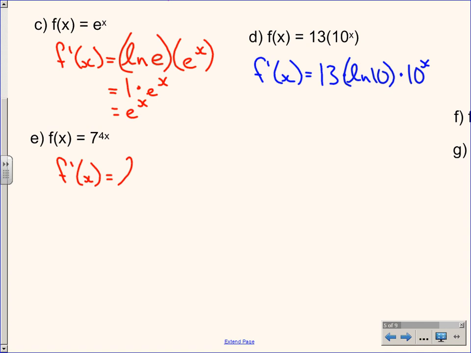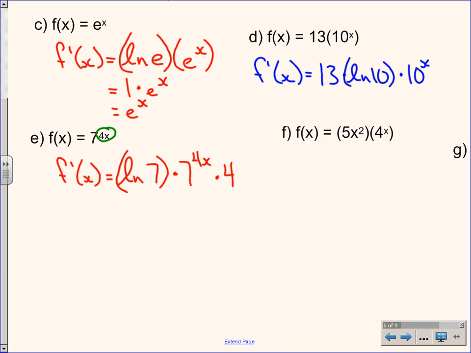So the derivative of that would be ln of 7, right, ln of the base, times the same exponential function, so still times 7 to the power of 4x. But then we still, that's the derivative of the outside, right? We still have to do the derivative of the inside, and the inside part is that 4x. So the derivative of that would be 4. Put this down here maybe.